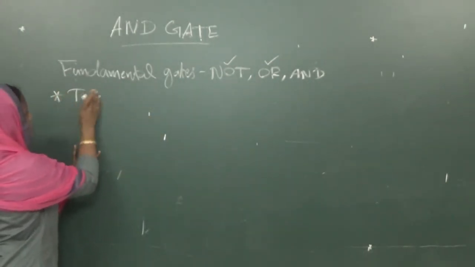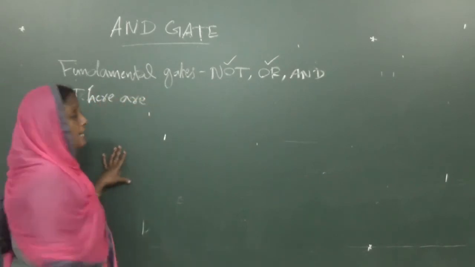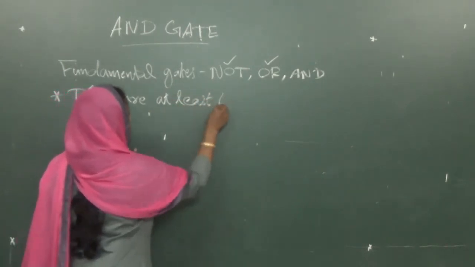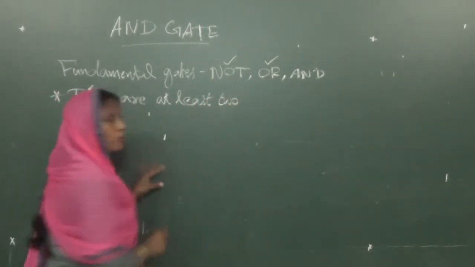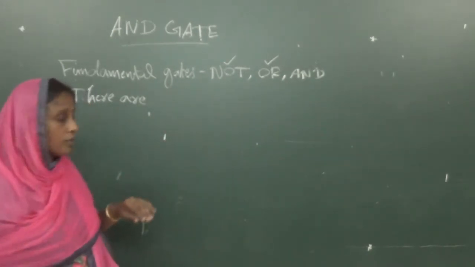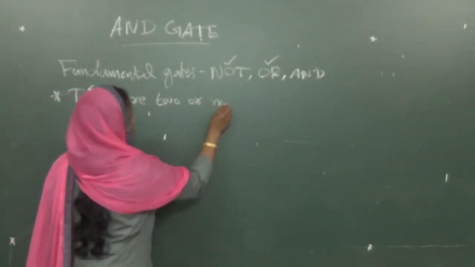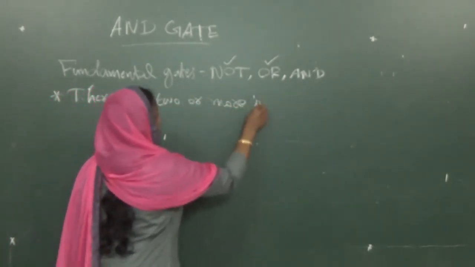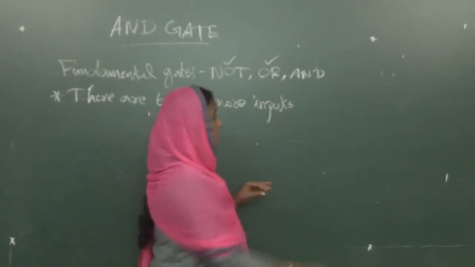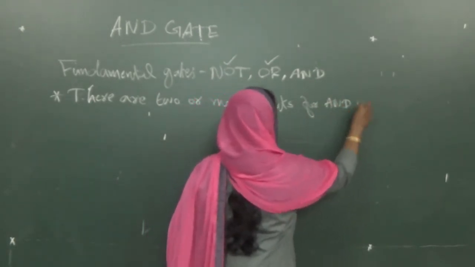At least two inputs, or you can write it as two or more inputs for AND gate.